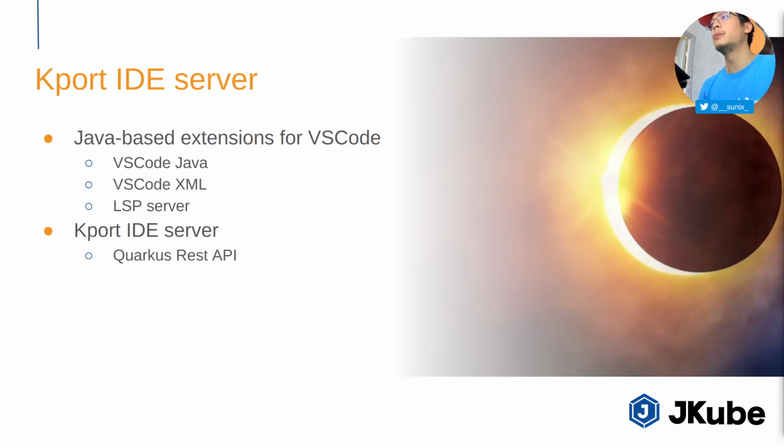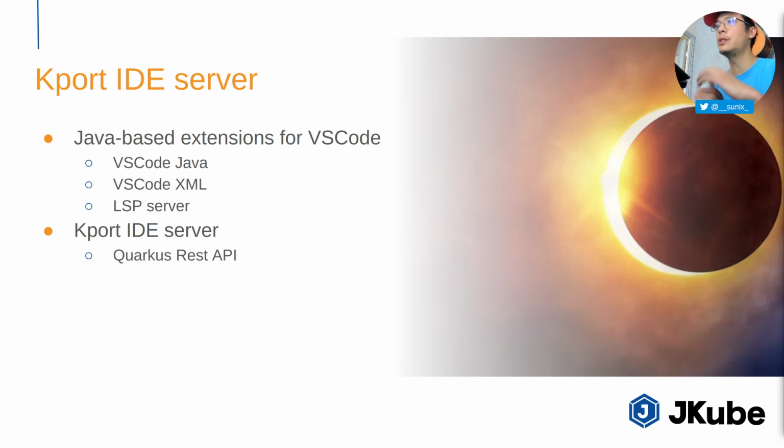But actually, we already know how to solve these issues. There are existing VS Code extensions written in Java, like the VS Code Java extension or the VS Code XML extension. And these extensions are written in TypeScript, but they are bundled with a Java-based server that is basically started behind the scenes when the extension starts.